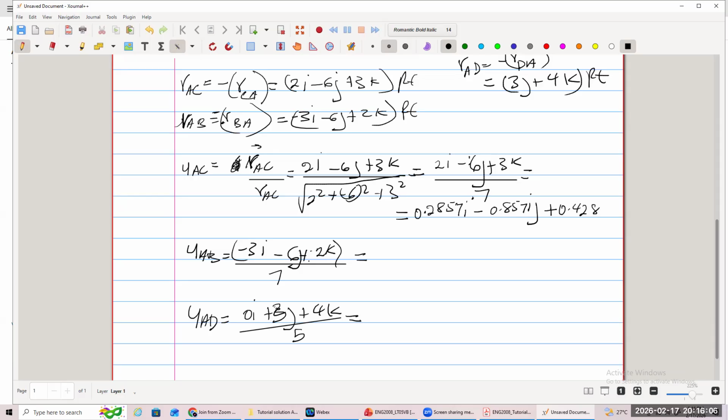Is it AC we're doing, right? 3 divided by 7, you're supposed to get 0.42857, and you round it off to 0.429.